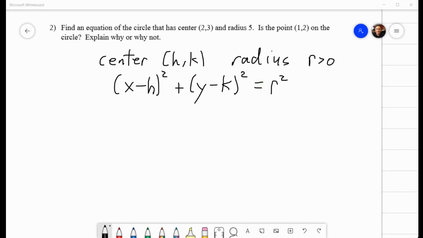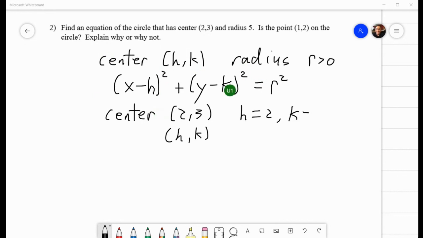Okay, so we're going to use that here. Our center is 2, 3, right? h, k is our center. So here we have h would be 2 and k would be 3. The radius is 5, that's given, so r would be 5.